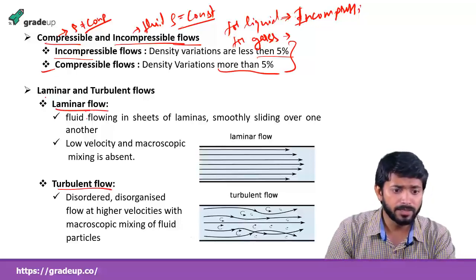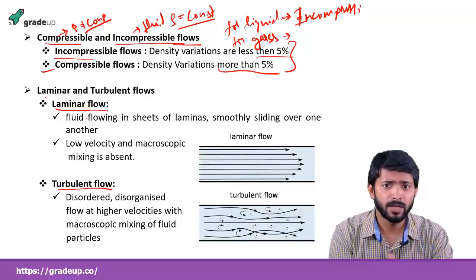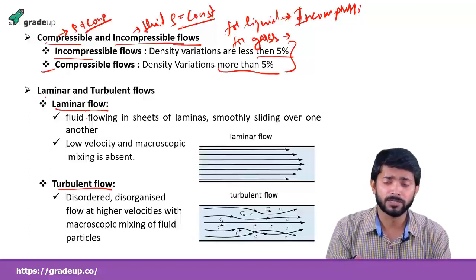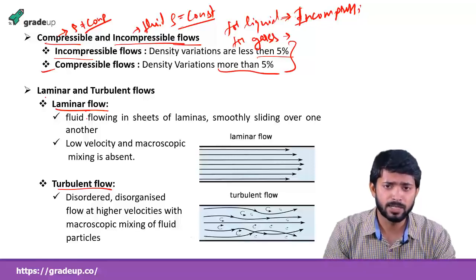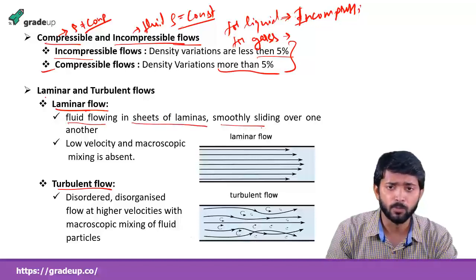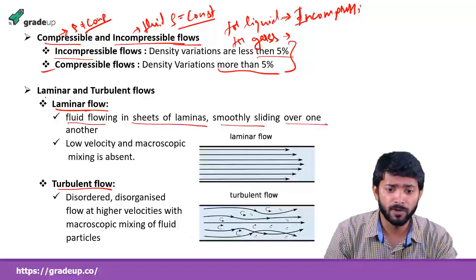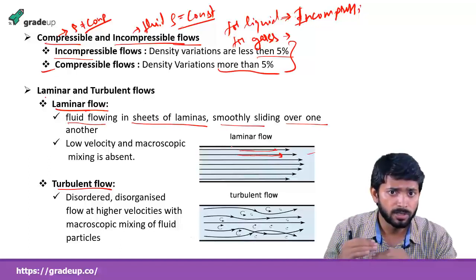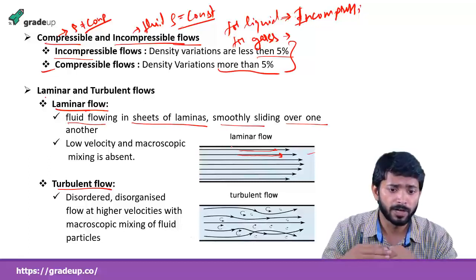Now moving on, there are two types of flows: laminar and turbulent flow. Laminar flow is when a fluid layer slides smoothly over another fluid layer. That is the simple definition: fluid flowing in sheets of laminas, smoothly sliding over one another. Here you can see in the diagram, it is a layer of fluid flowing, and another layer of fluid flowing. They flow smoothly over one another.